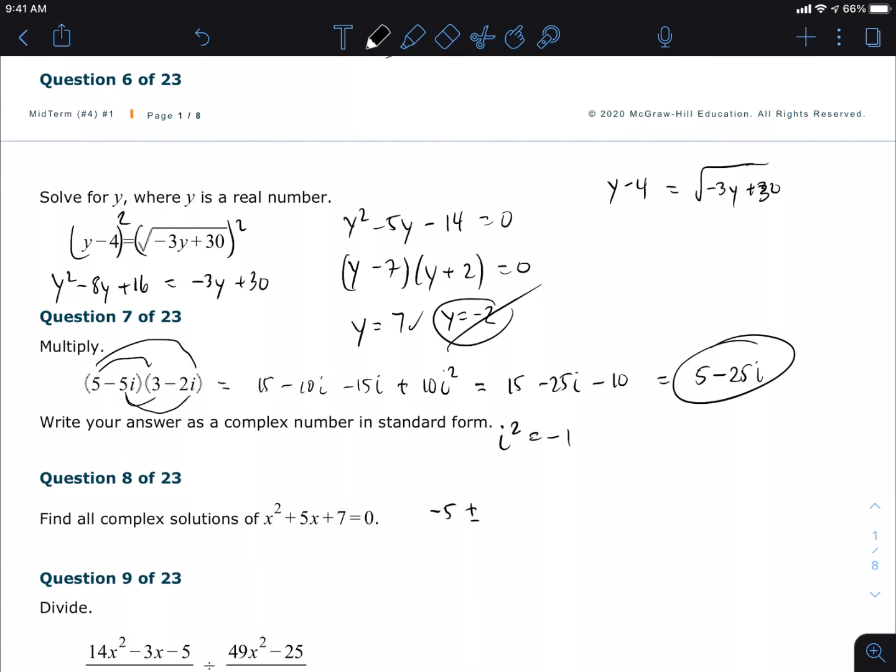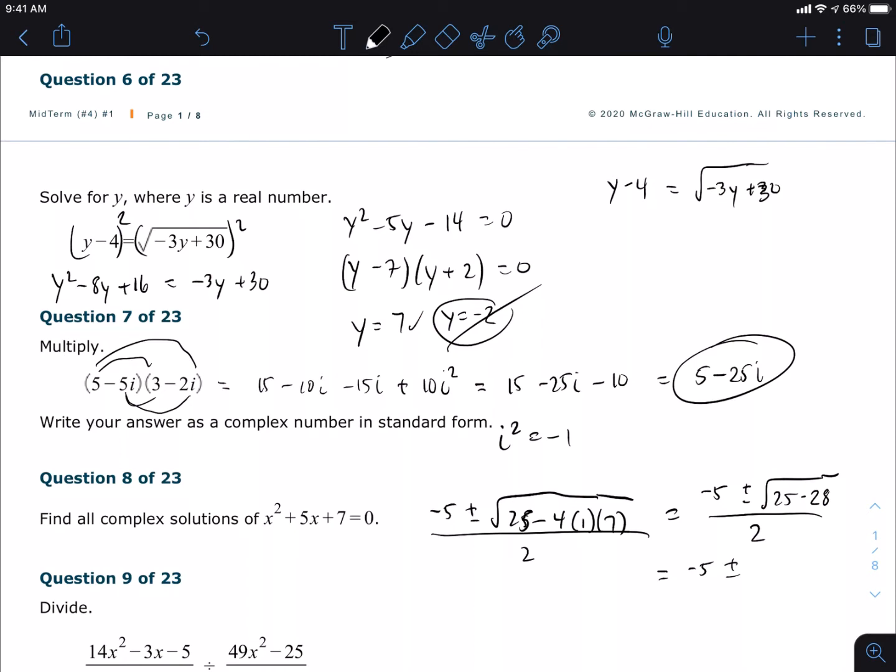Okay, negative 5 plus or minus the root of 25 minus 4 times 1 times 7 over 2. And that's going to give me negative 5 plus or minus the root of 25 minus 28 over 2. So that's going to give me negative 5 plus or minus the root of negative 3 over 2.